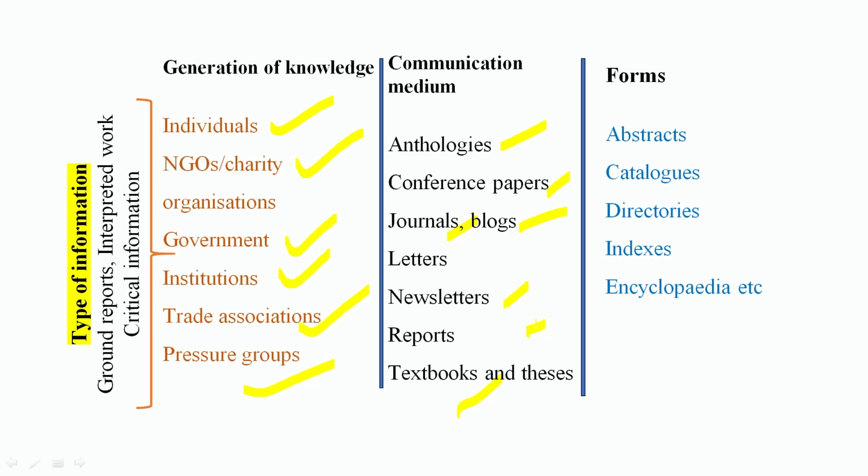When you look at the second column, this goes into more specific material, and the last form of information is abstracts, catalogs, directories, indexes or encyclopedia, which are a little ahead. These forms of information are highly used among researchers. So, there are 3 different forms where we can find information.